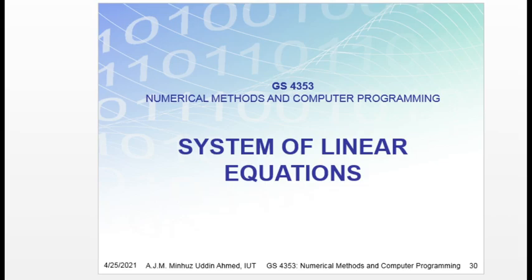Say for example, if I give an equation like this, 7x1 plus 9x2 equals 20. This is an equation, and as you all know, these things, as given there, are nothing but variables.